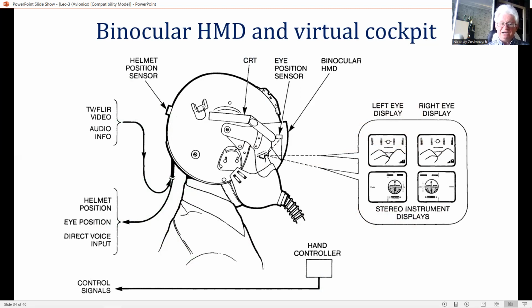The display generation system then generates a stereo pair of images of the appropriate instrument display on the panel, which corresponds to the pilot's sight line. And thus, looking down into the cockpit at the position normally occupied by a particular instrument display will result in the pilot seeing a 3D image of that instrument display appearing in the position it normally occupies.